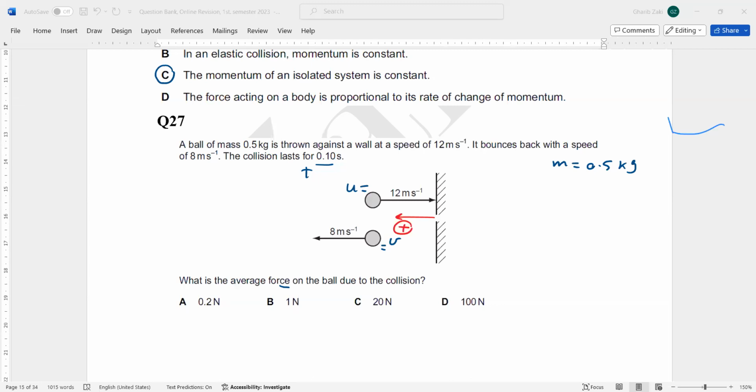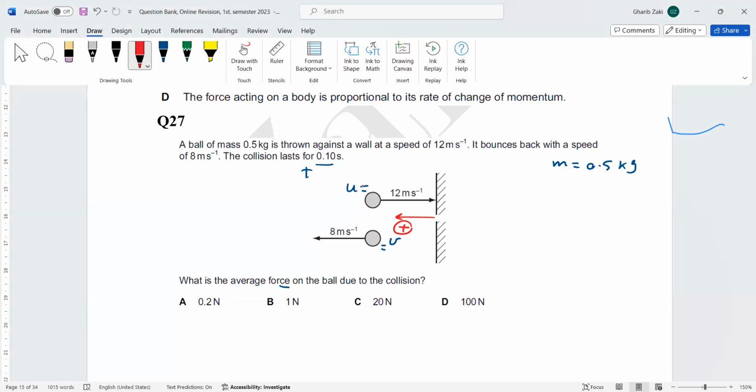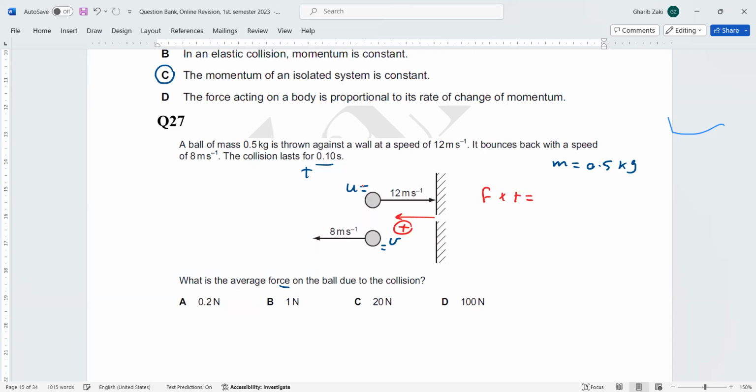Question number 27. They said, what is the average force? Which formula did we use? The force multiplied by the time equals the change in momentum. So the force multiplied by time equals mv minus mu. The average force equals mv minus mu over t.